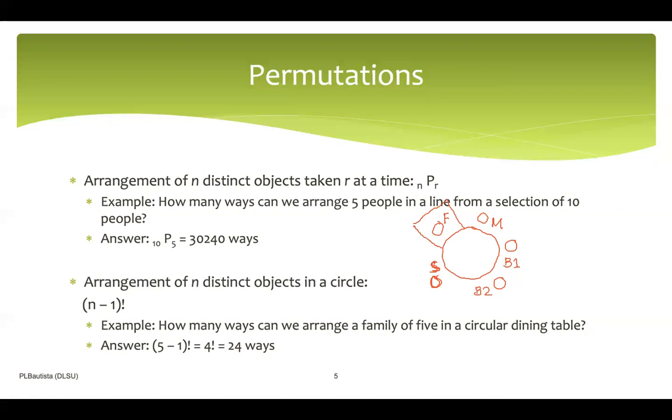So that's the reason why you have a minus 1. You fix one object. So as mentioned in this example, since we are arranging a family of 5, then the number of ways you can permute or arrange this family in a circular dining table is 5 minus 1 factorial or 4 factorial, which is 24.